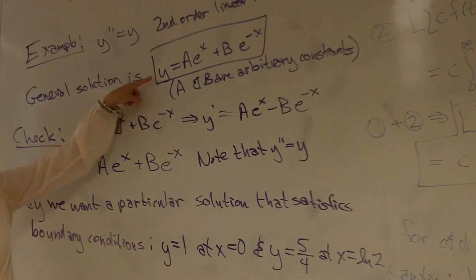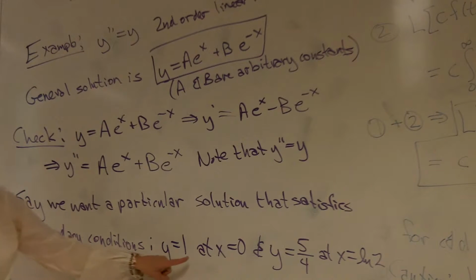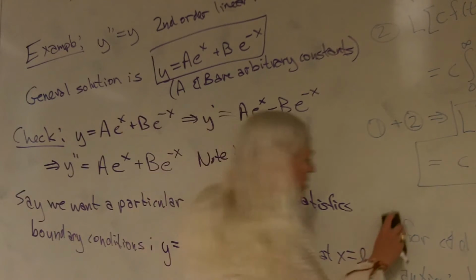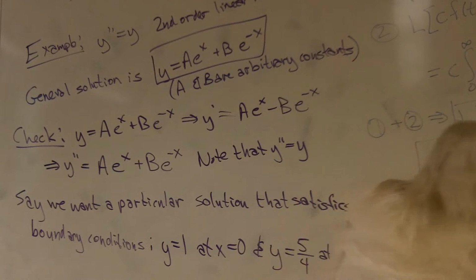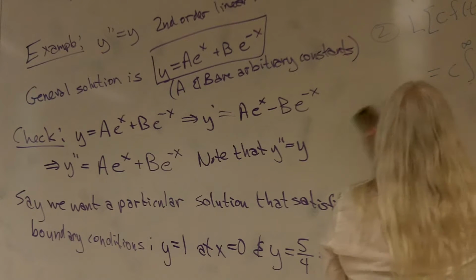If you're trying to solve for a and b in one particular solution, you can regard them as unknowns, and if you have two unknowns you want to determine, you need two equations to do it. So I need two boundary conditions. Okay? So let's work out the particular solution that meets these boundary conditions.